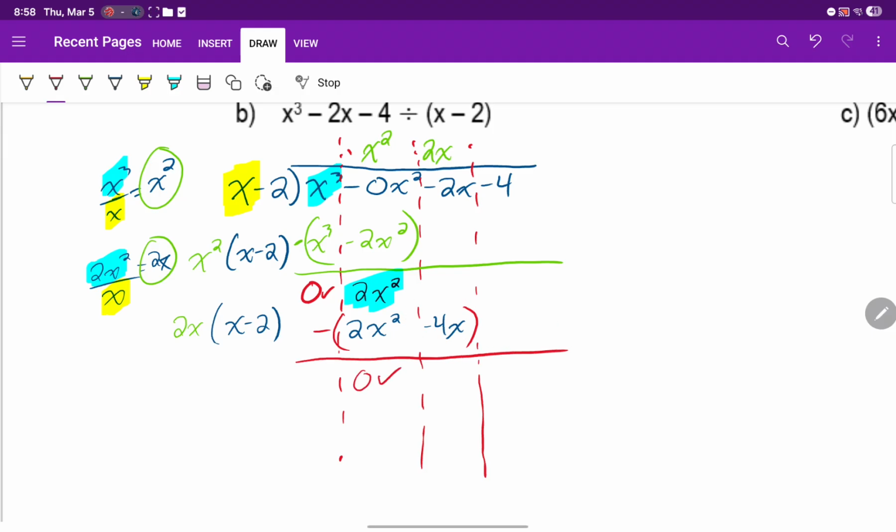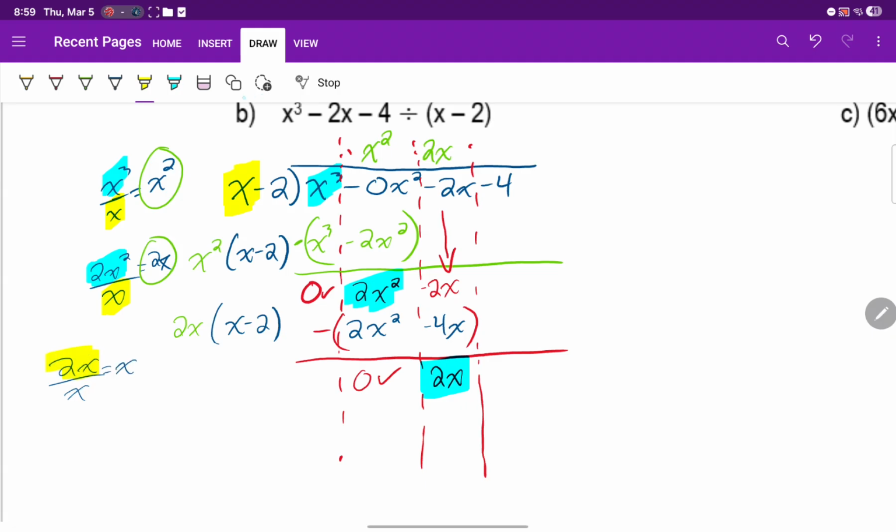That works every time. I have nothing to subtract, so I'm going to bring down this negative 2x. And negative 2x minus negative 4x is positive 2x. So now I'm going to check how many times x goes into this. 2x divided by x, and I get x.